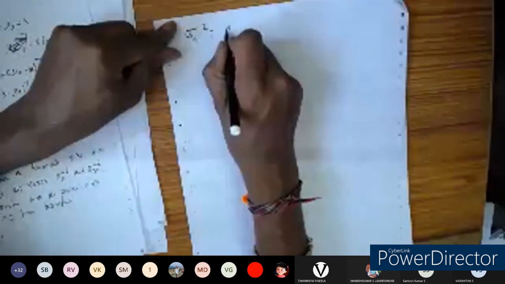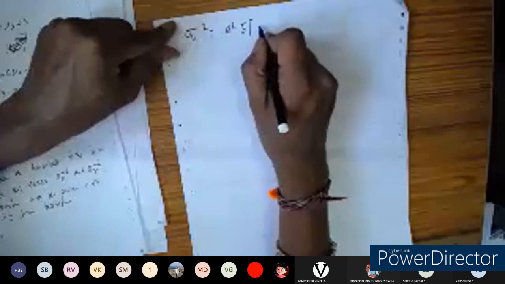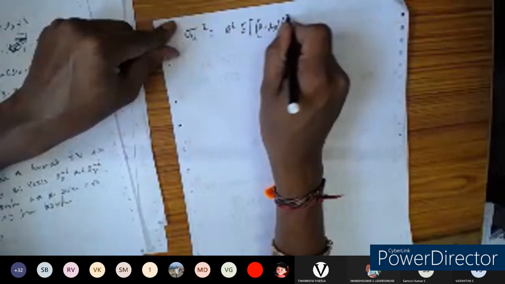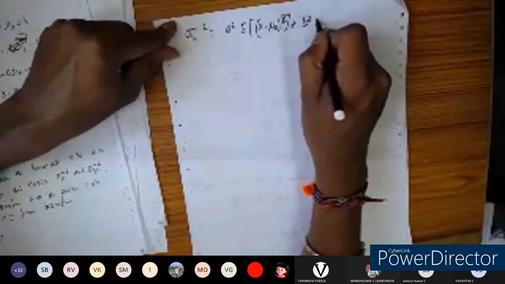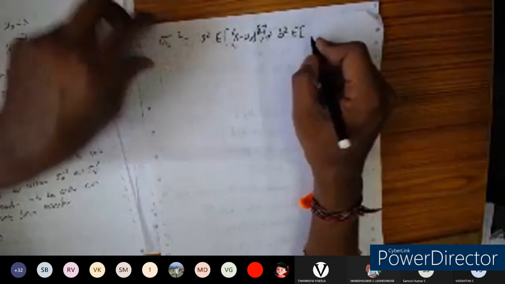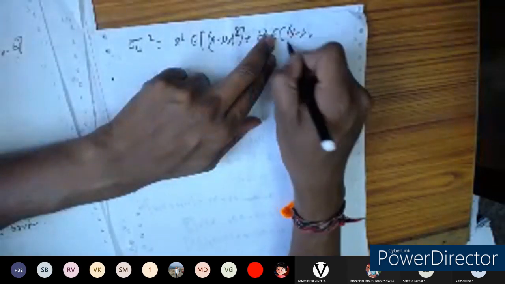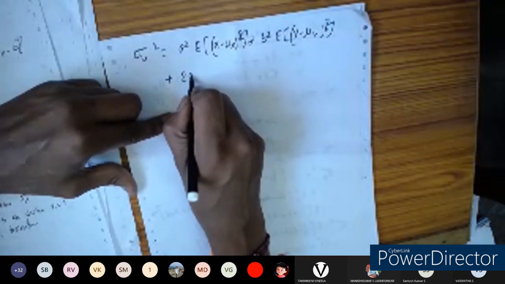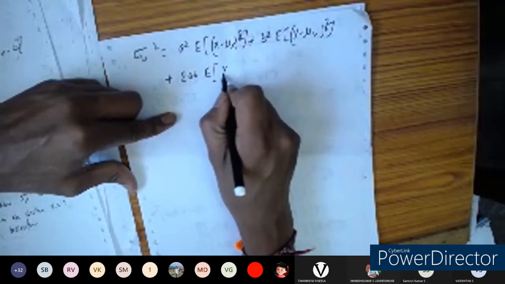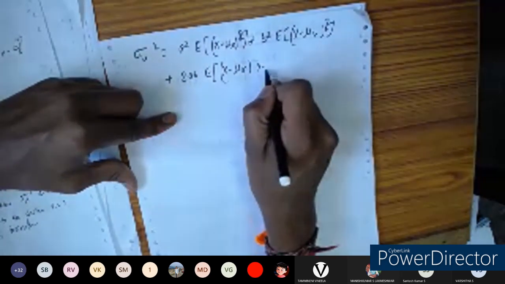If I evaluate, sigma u square is equal to a square into the expectation of the first term, that is x minus mu x the whole square, plus the second term, b square into the expectation of y minus mu y the whole square, plus the last term, 2ab, which is a constant I take outside, into the expectation of x minus mu x into y minus mu y.